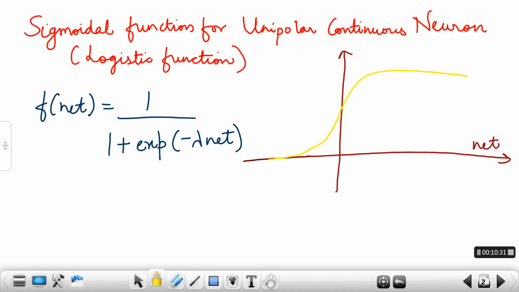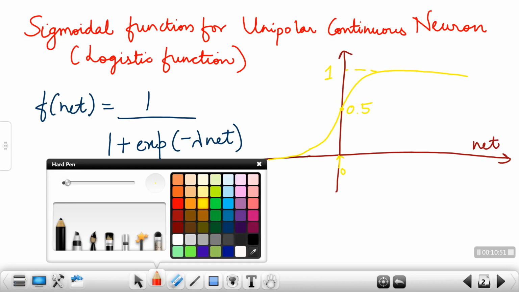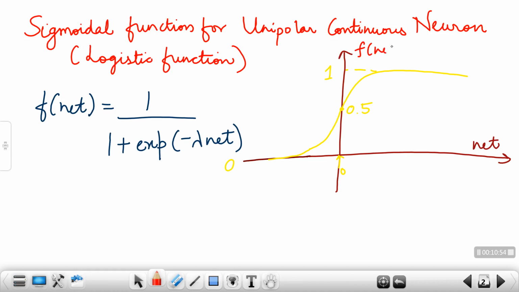This is the S-shaped function for this equation. The lowest value the function takes is 0 and the maximum value is 1. This middle value will be 0.5, and here this value is 0. This is nothing but f of net. As you can see, the function is continuous everywhere.